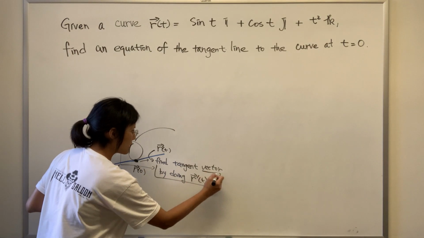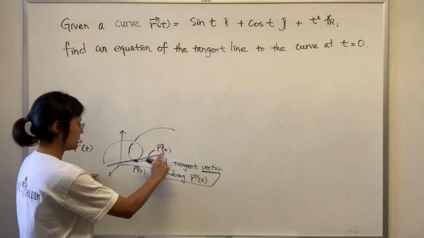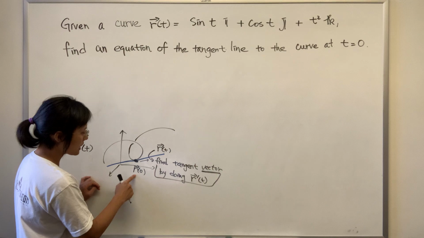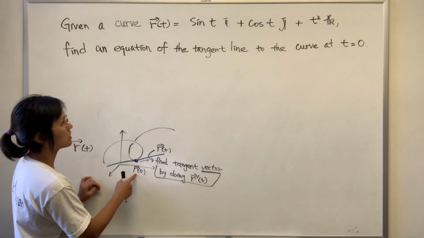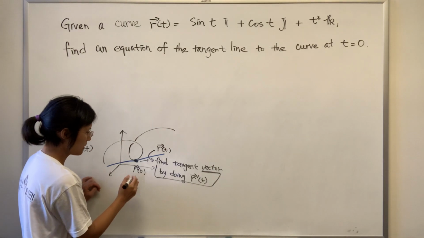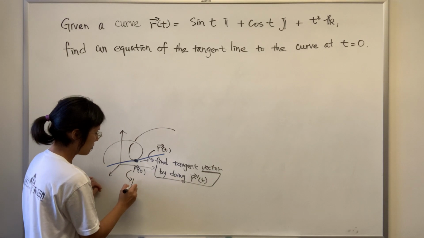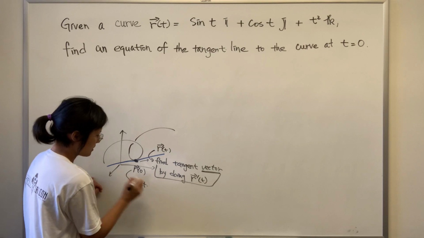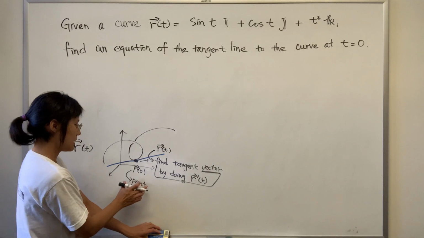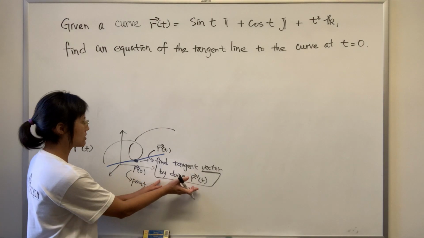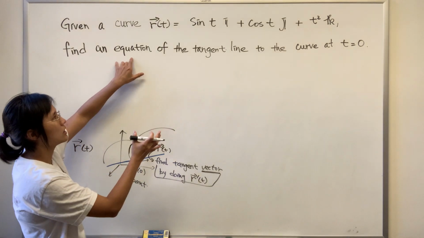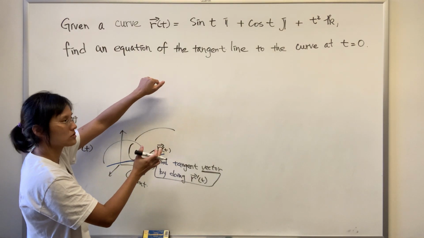So now you have a vector that tells you the direction of the tangent line. And by plugging 0 into t, why 0? Because it says at the point t equal to 0, so it's r(0). This gives us a point that the line passes through. Once we have a point on the line and the direction of the line, we can put things together to write down an equation of the line. So that's the idea.